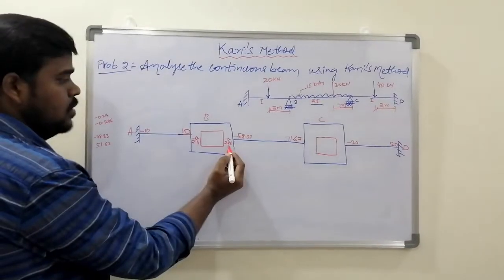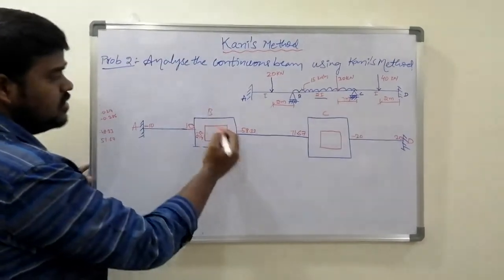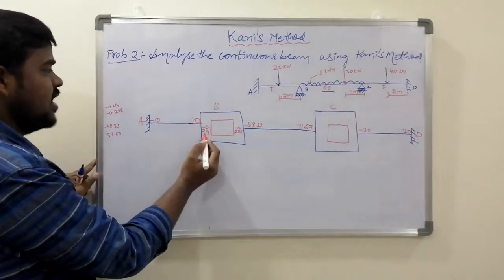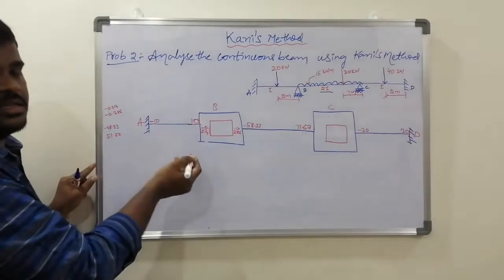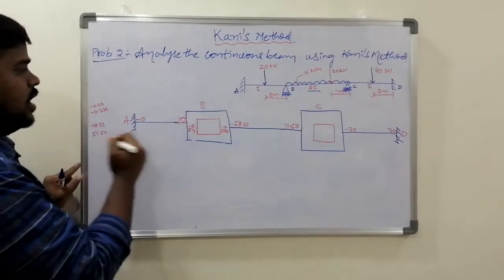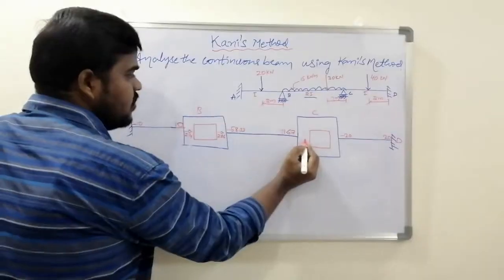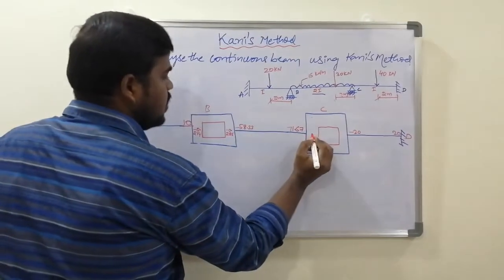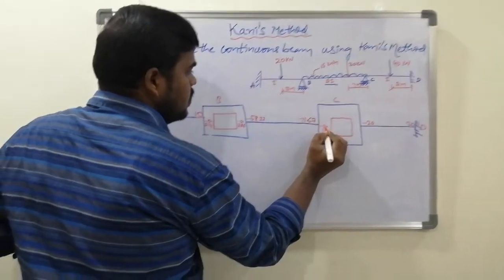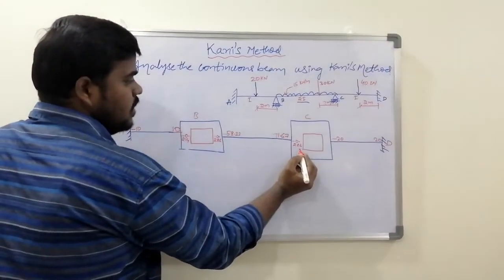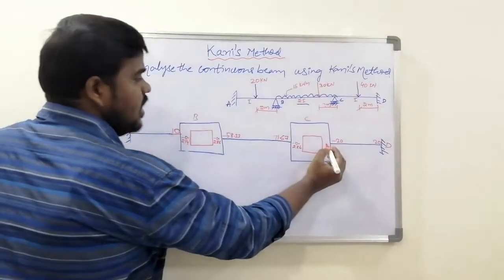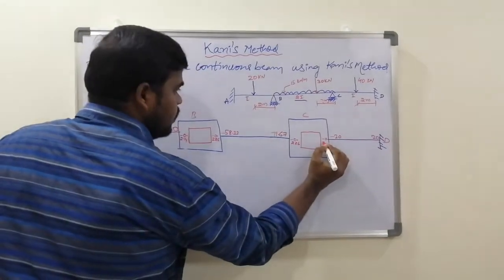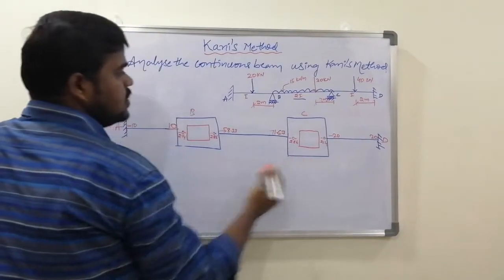This is the rotation factor of BC, and this is the rotation factor of BA, which is just now solved in the previous step. And again I am writing the rotation factor of CB here. So that is minus 0.286, and here also we have minus 0.214 as rotation factor for CD.